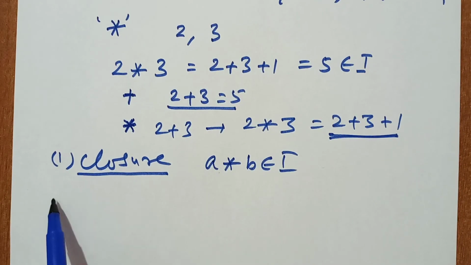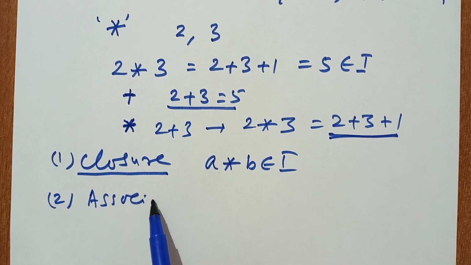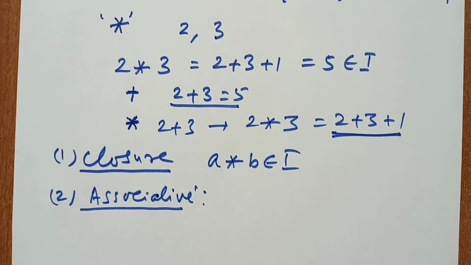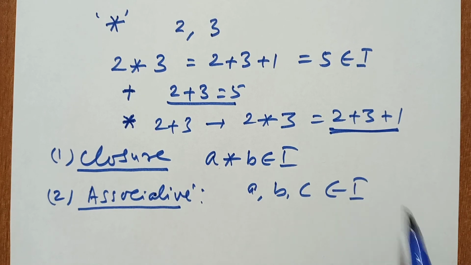Okay. Now next is associative. For the associative law you need three elements, so a, b, c belong to I. And what is the associative law?